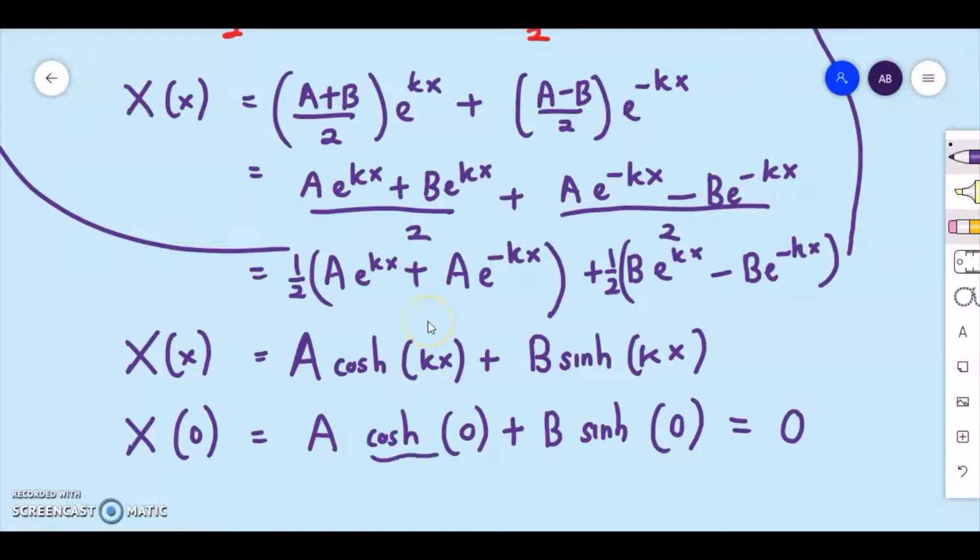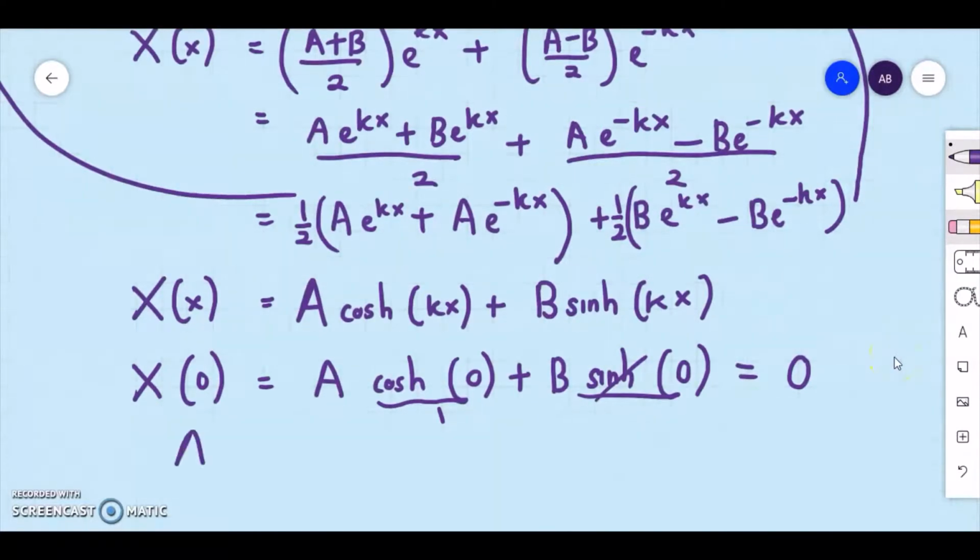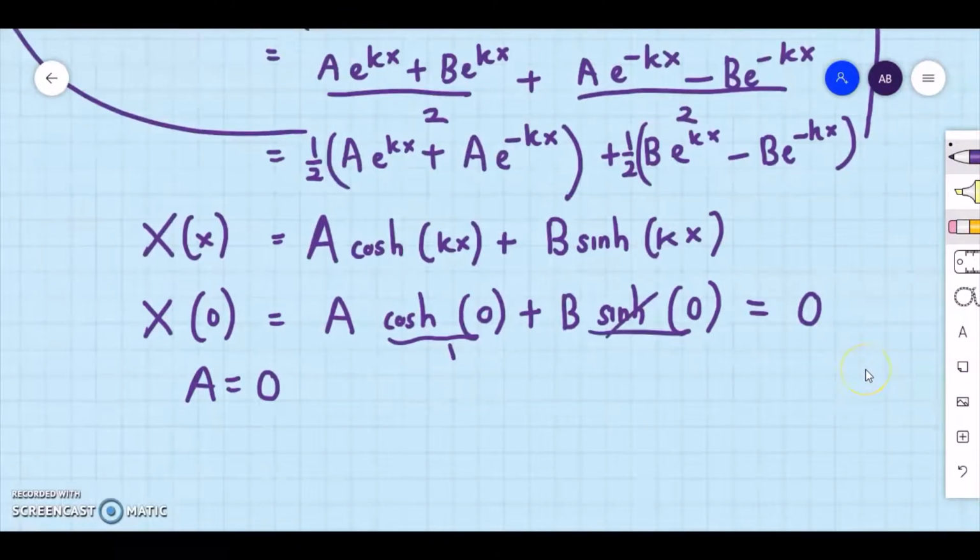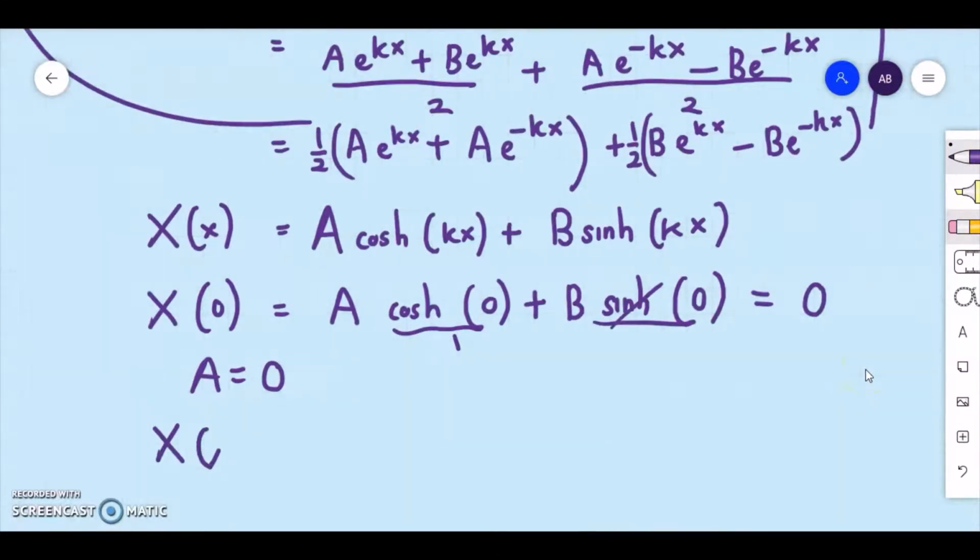Okay, because this is 1 and this is 0, right? That gives me A equals 0. Now looking at when A is 0, that will give me the equation with B hyperbolic sine kappa x.